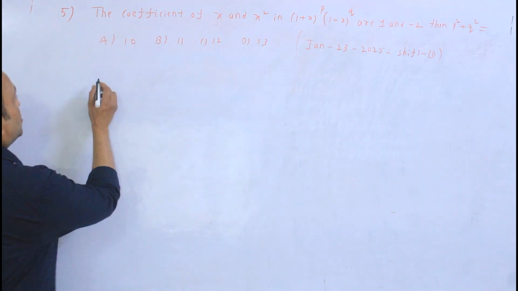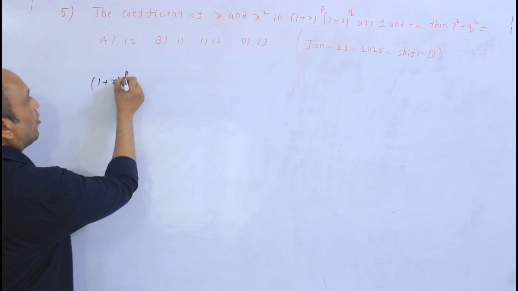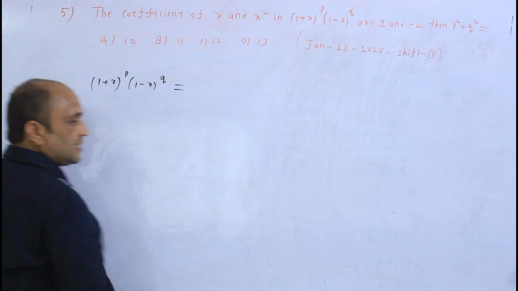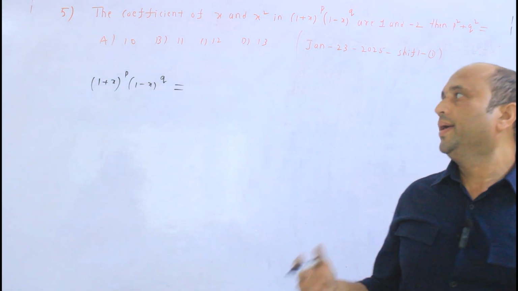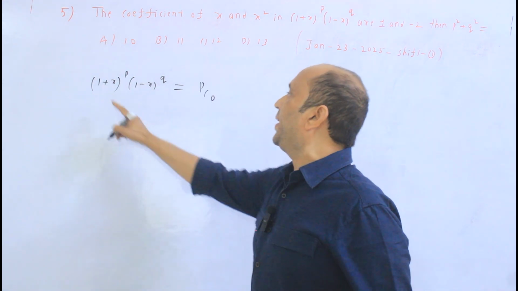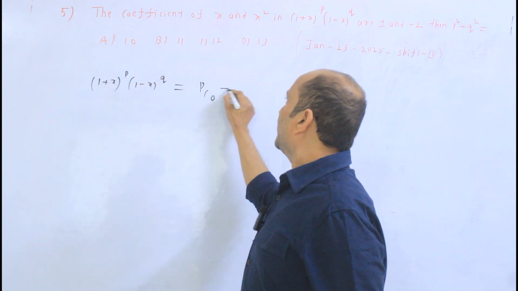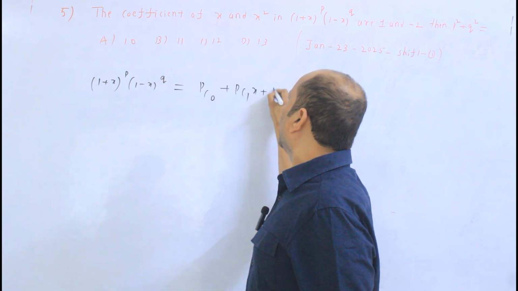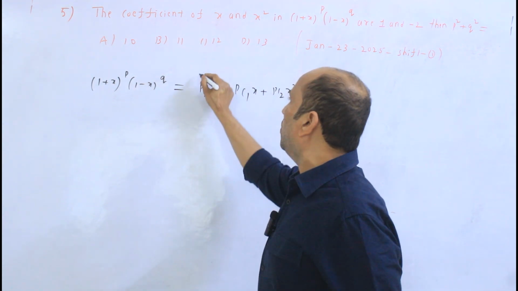So first of all, I want to expand (1 plus x) whole to the power of p, (1 minus x) whole to the power of q. The expansion of (1 plus x) to the power n is nc0, x to the power of n, where x is 1 so don't take that, plus pc1 into x plus pc2 x square up to so on.